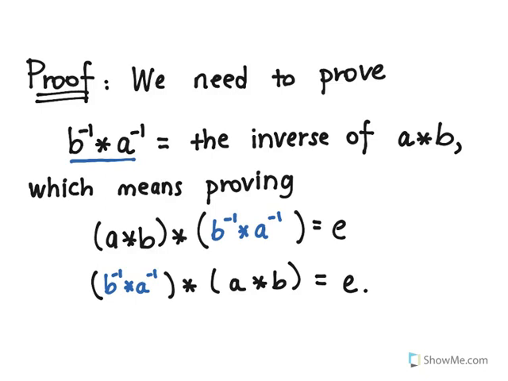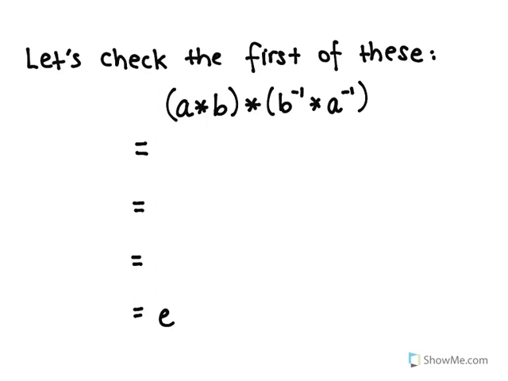So now we've got our work cut out for us. Those are the two equations we need to check. Let's check the first one. So the first equation said that this big expression I've got written up here at the top should be equal to E. So I'm going to break that down step by step to see why that's the case. The first step is to use associativity to rearrange the parentheses.